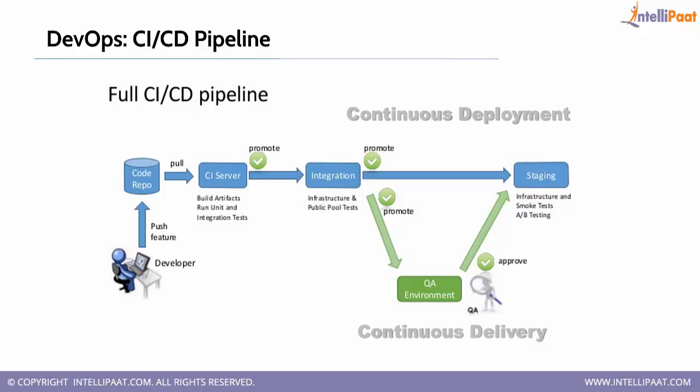So first of all, let's discuss the entire flow once again. The developer writes code and pushes it to the code repo. A code repo is something like a version control system you might have used, like Git and SVN, and then it is pulled into a CI server, the continuous integration server, which we refer to as Jenkins here, and then it is integrated over there, and it moves on through a series of tests and goes to staging.